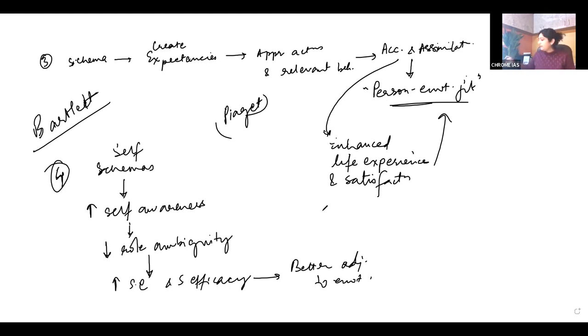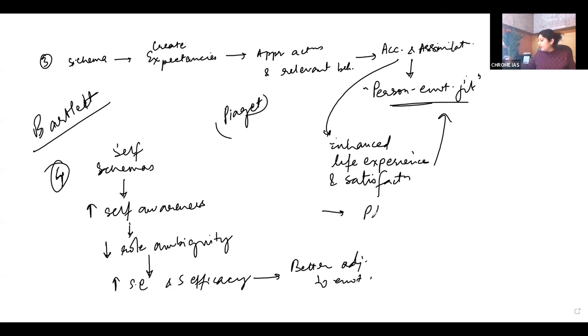So what we have to do is, you can write one line that it is the plasticity of schemas that helps us gain new experiences in life, to modify our inferences, our expectations, and better adjust into the environment.